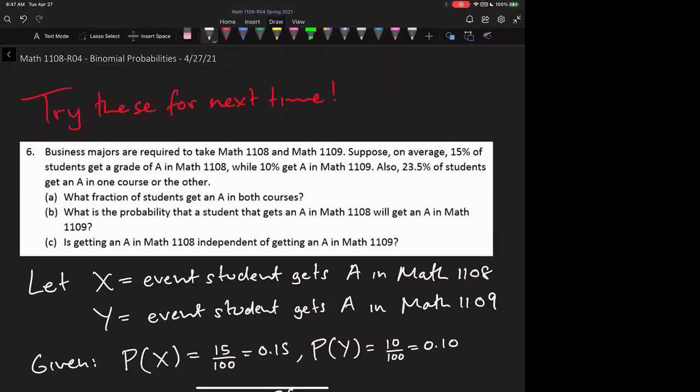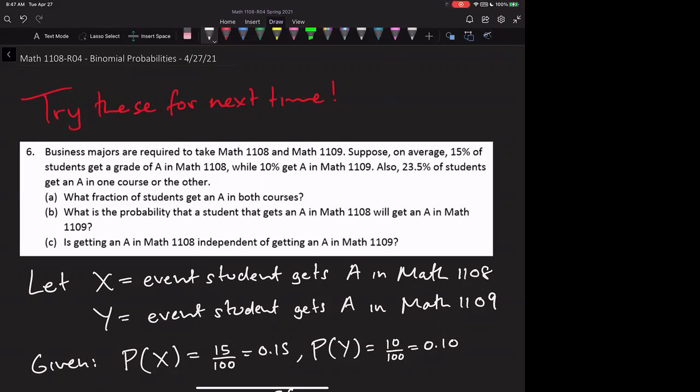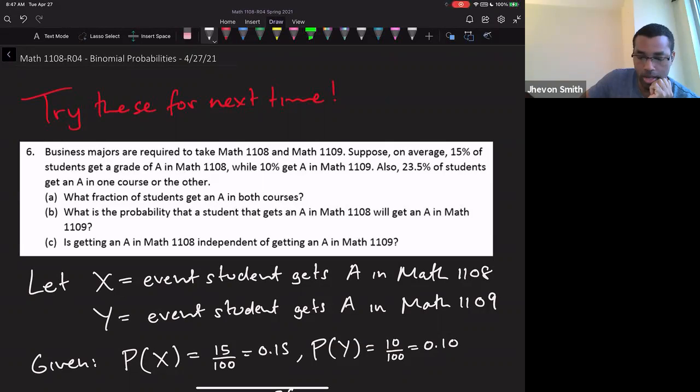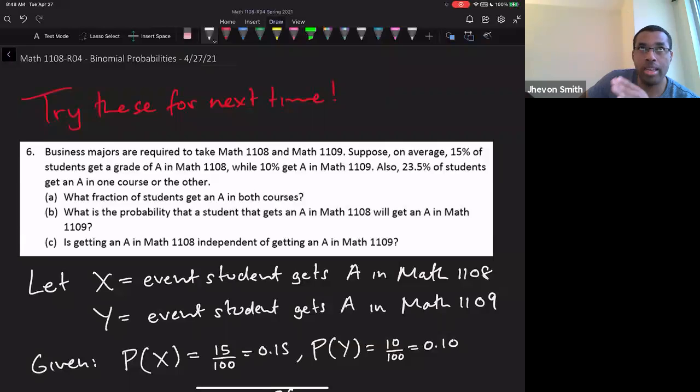No. Condition? What's the condition? The student gets an A in Math 1108. Yeah, but tell me in terms of these symbols, what are we looking for? Probability of what? Right, so you think it's a conditional probability. It's probability of A given B.